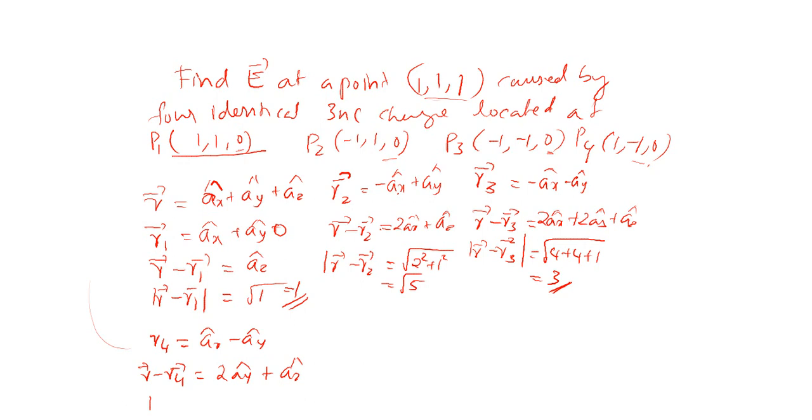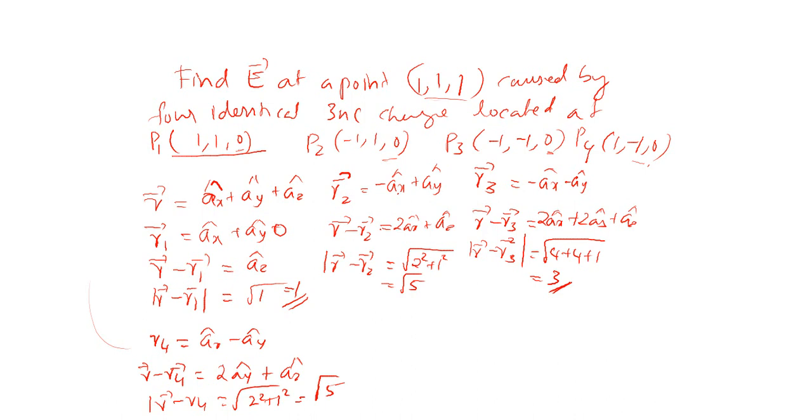So mod r minus r4 is nothing but square root of 2 square plus 1 square, which will be root 5. Okay, so this is how we calculated the value of r minus r1, r2, r3, r4.